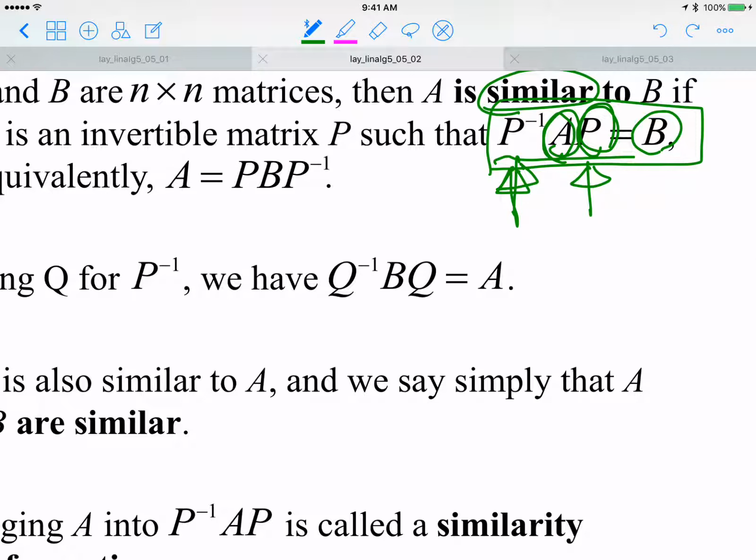Okay, let's think about a very special case. A and B are scalar values. Say A and B are 3 and 8. Are they similar?